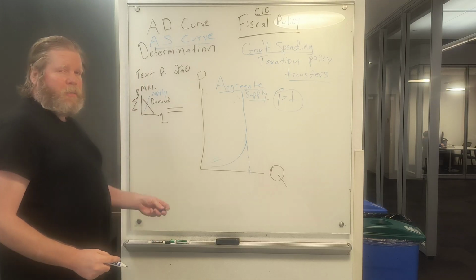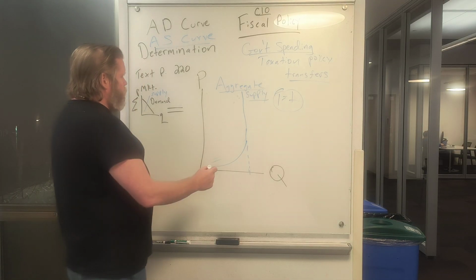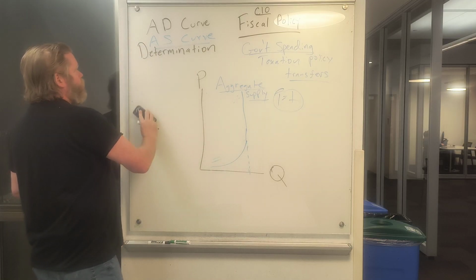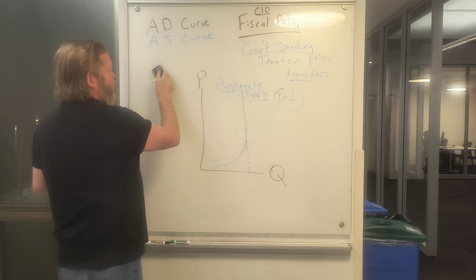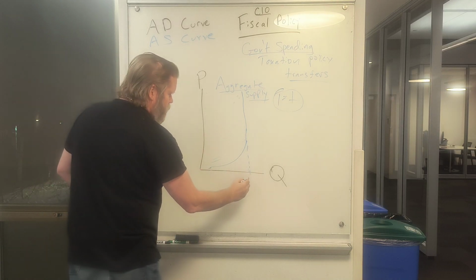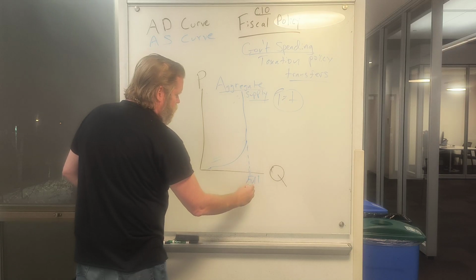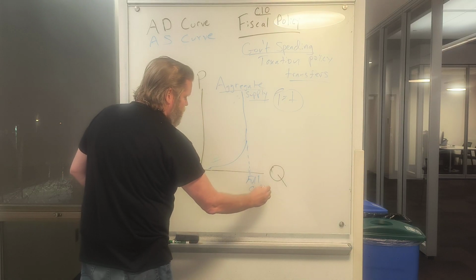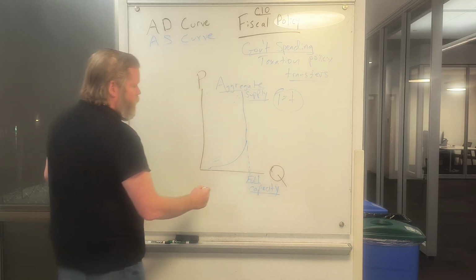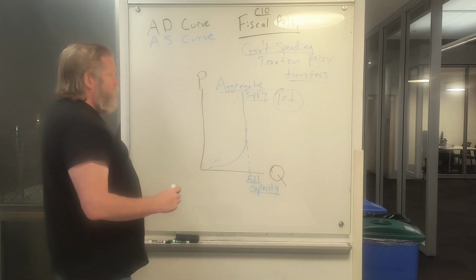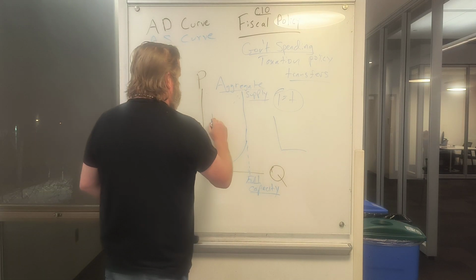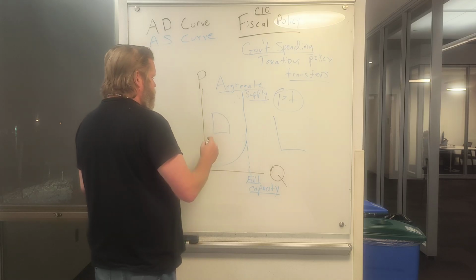This is kind of the most important thing to realize with the aggregate supply curve, and that is that here we are at full capacity, okay, or full capacity. Now, that kind of corresponds to our production possibilities frontier.